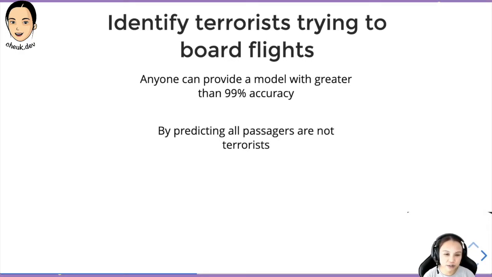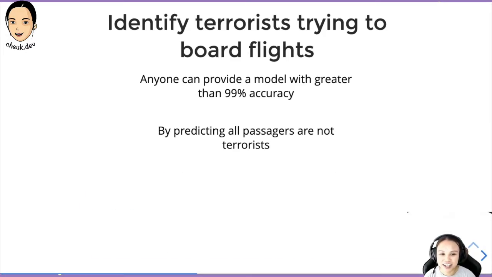Usually if you train a model on this problem, you would get a model with greater than 99% accuracy. You think, wow, but you have a feeling that something is wrong, and then you check the predictions, and all of them are the same. So it's a constant prediction. In this case, the model basically predicts that everybody is not a terrorist.